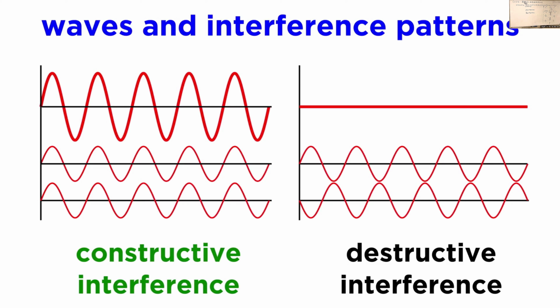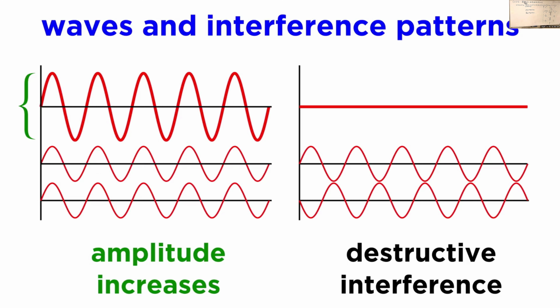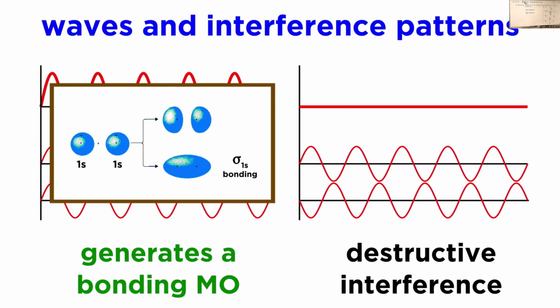orbitals, there can be constructive interference, where the peaks line up with the other peaks. This causes the amplitude to increase, which results in a bonding molecular orbital, like the sigma s orbital. Most of the electron density is between the nuclei, which strengthens the bond.